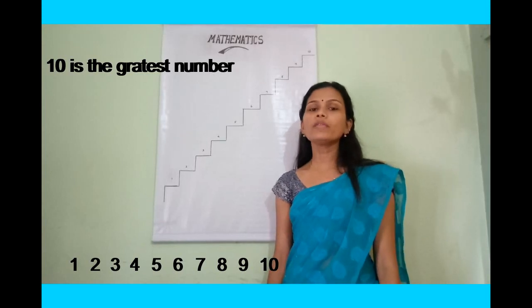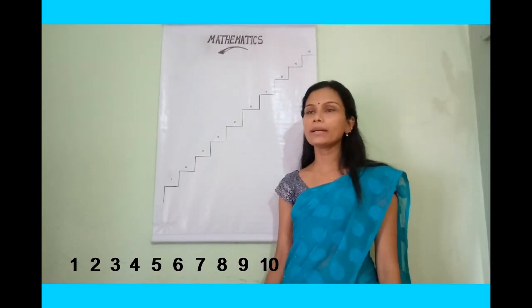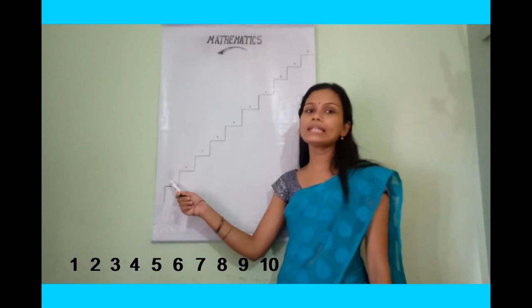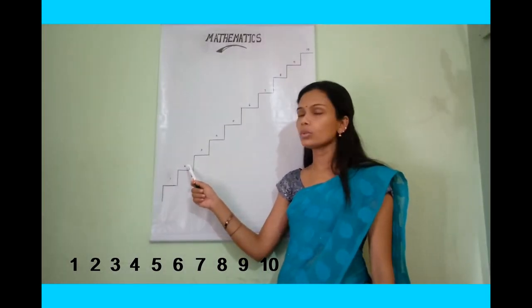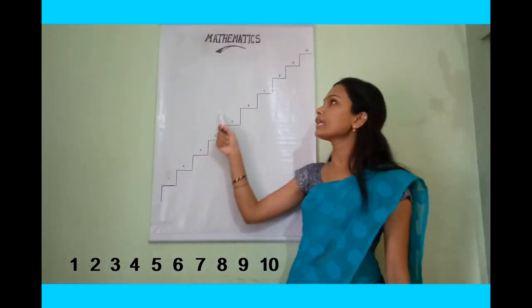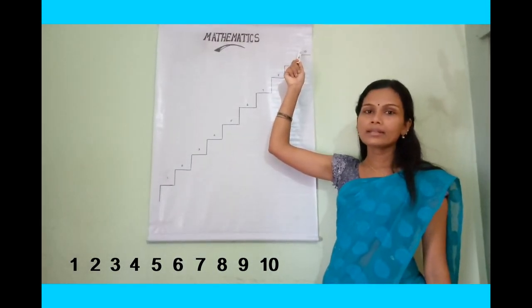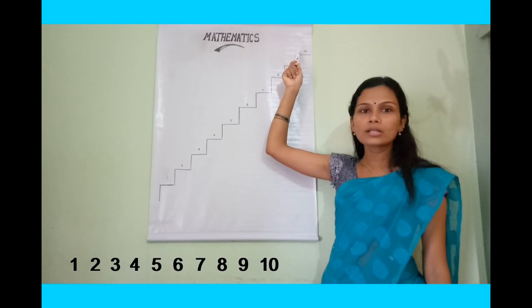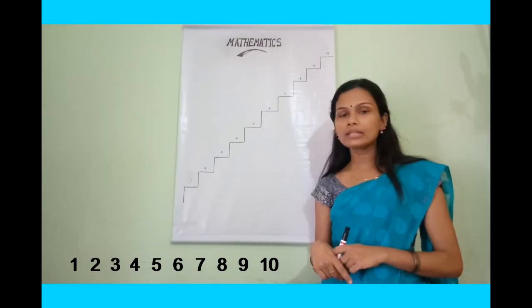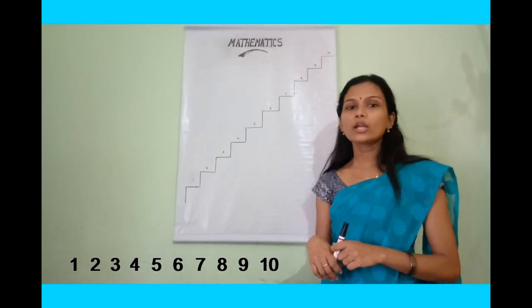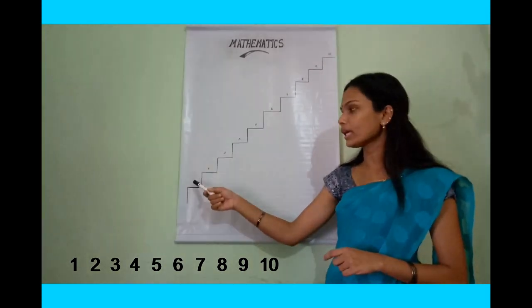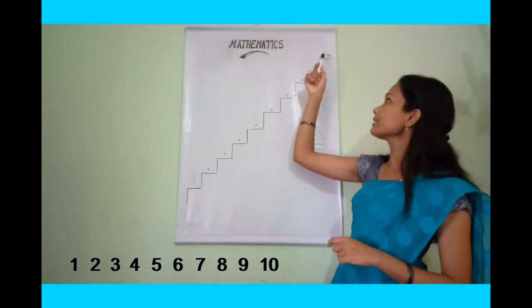So Niku went up from the smaller number 1 and then climbed 2, 3 and finally he climbed the greatest number 10 and reached the bones. Children, as we see, Niku went up from the smaller number to the greatest number.